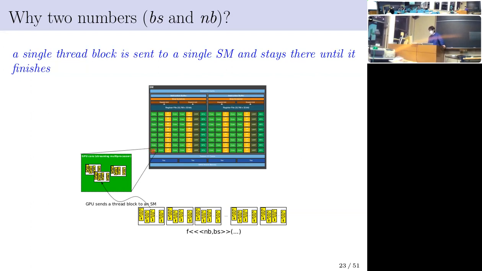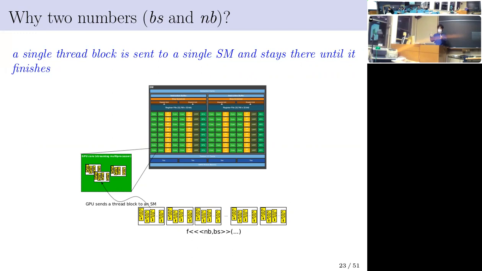Actually, each streaming multiprocessor is able to schedule multiple thread blocks simultaneously. But the point here is that the GPU dispatches threads one thread block at a time. So it never happens that, for example, the GPU executes this thread on this streaming multiprocessor while executing this other one on another streaming multiprocessor.